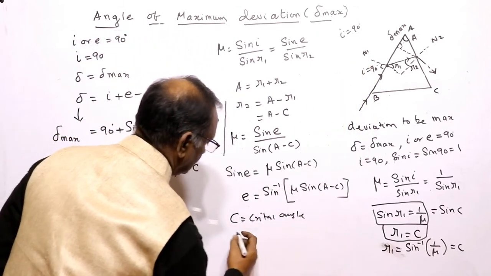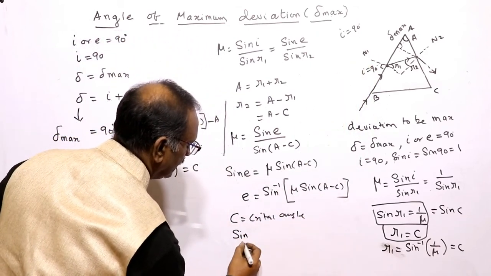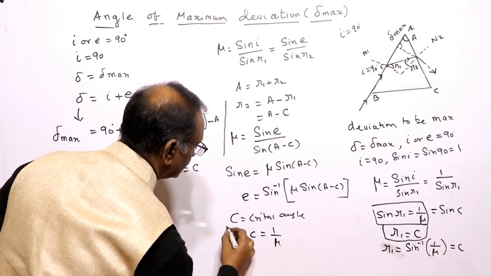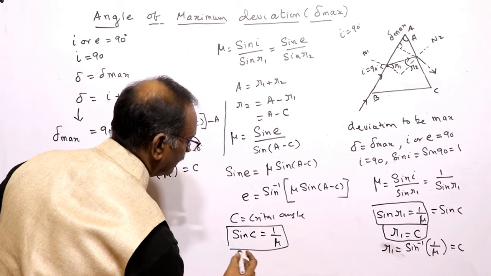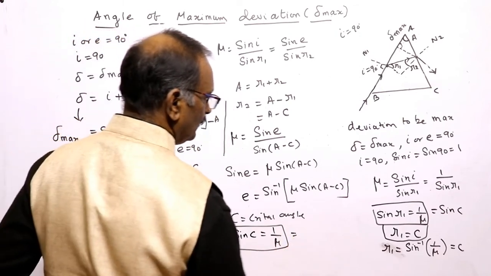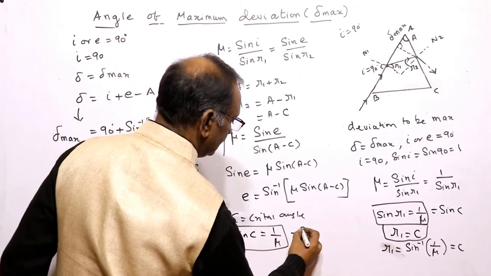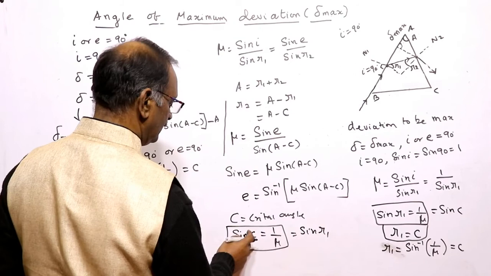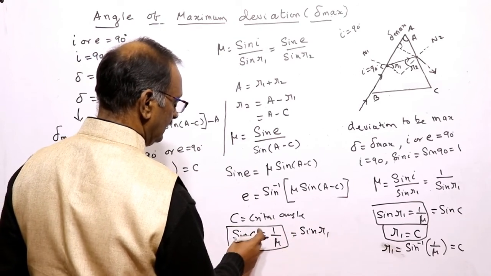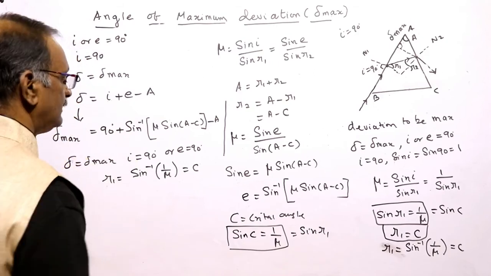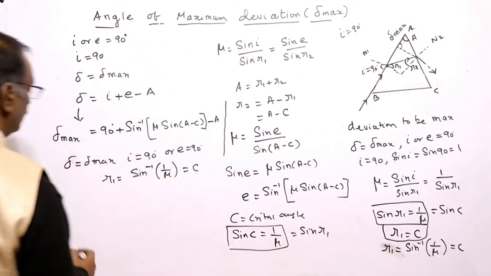From total internal reflection, sin C is equal to 1 by mu. Therefore sin R1 is equal to sin C, or C is equal to R1, and sin R1 is equal to 1 by mu.